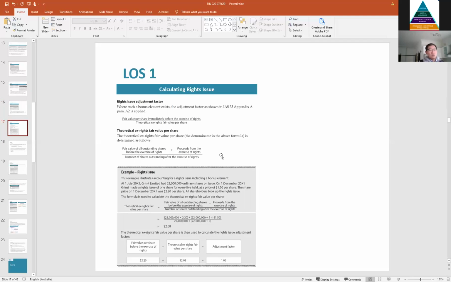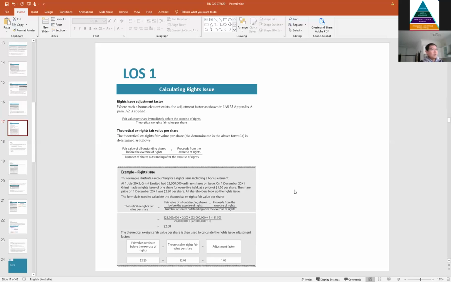The reason we have this additional term is because a rights issuance gives investors the opportunity to purchase new shares. When investors decide to purchase new shares, the company is clearly going to receive proceeds. And this denominator is effectively the total number of shares outstanding after the exercise of rights.